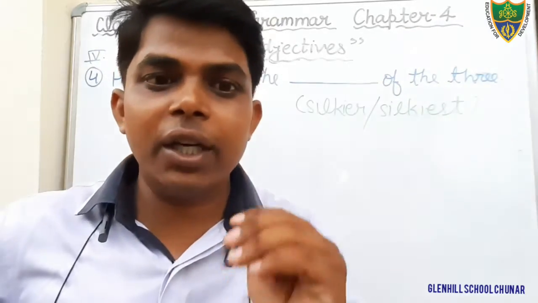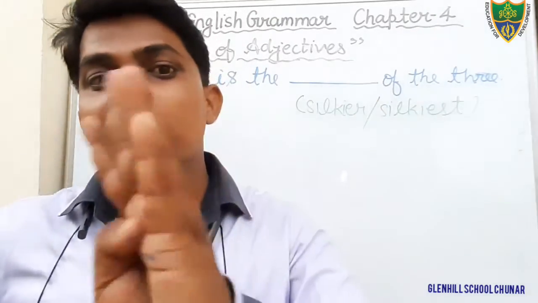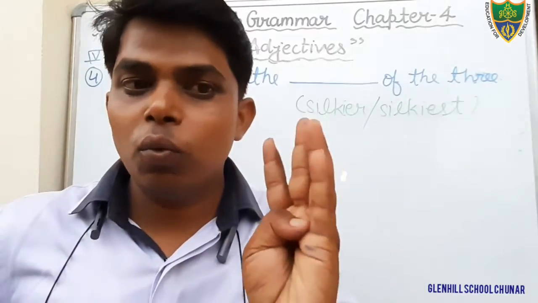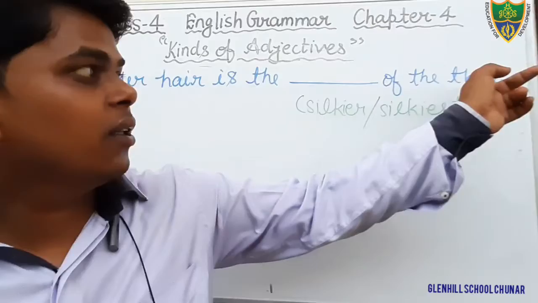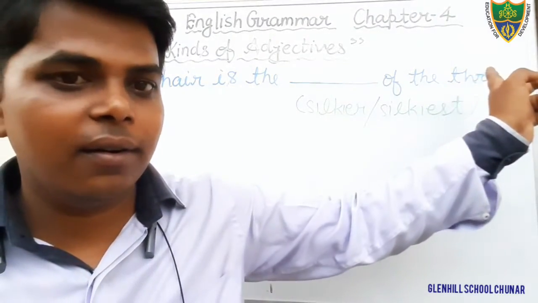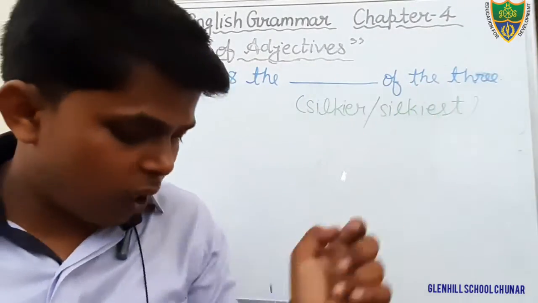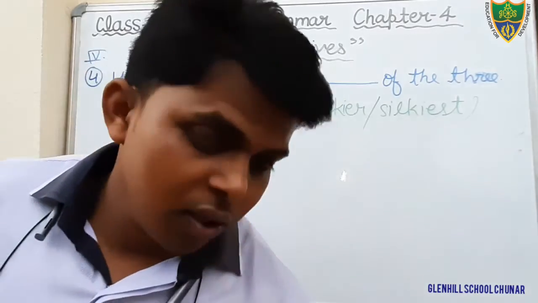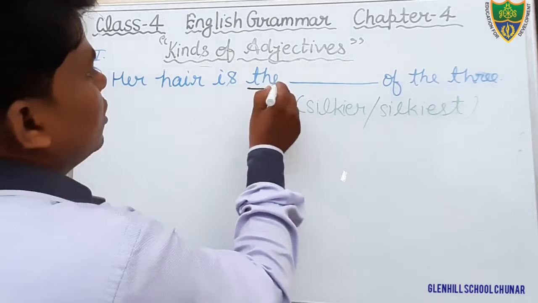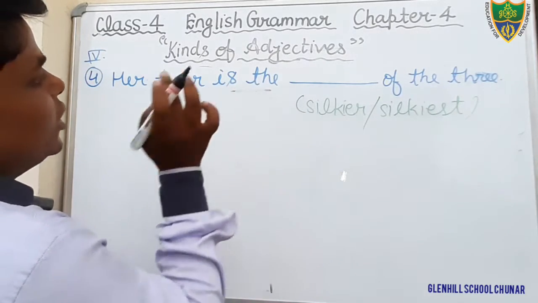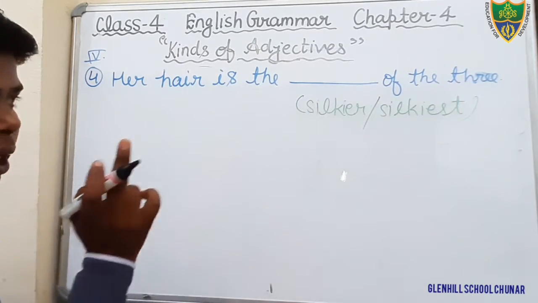In the superlative degree we find the comparison of one thing with more than 2 people. Just see here, there are 3. So what would that be? That would be the superlative degree. And here the article the is used, therefore that is the superlative degree.